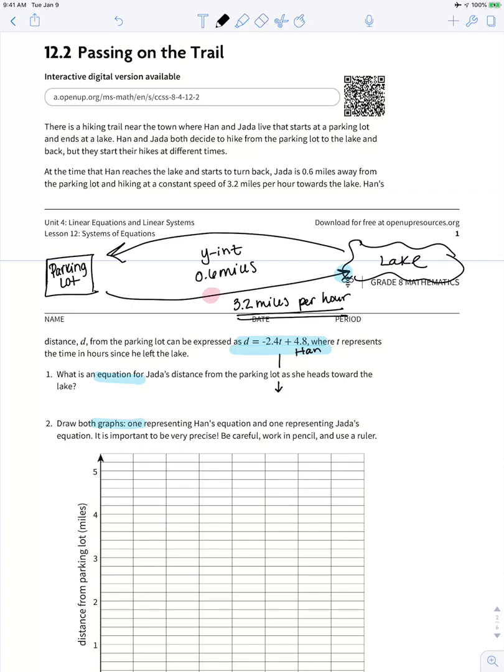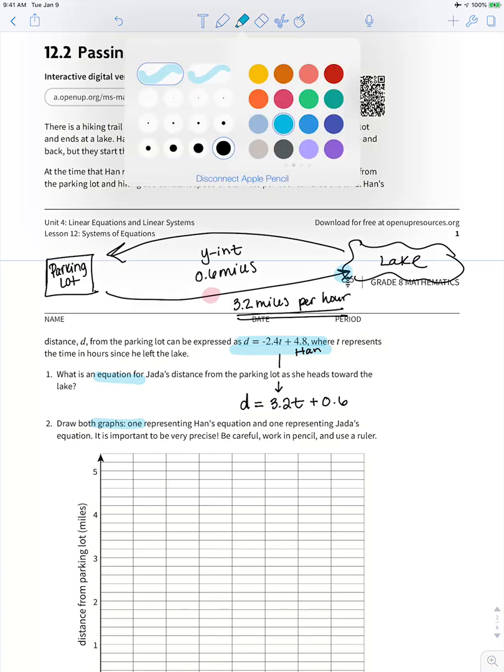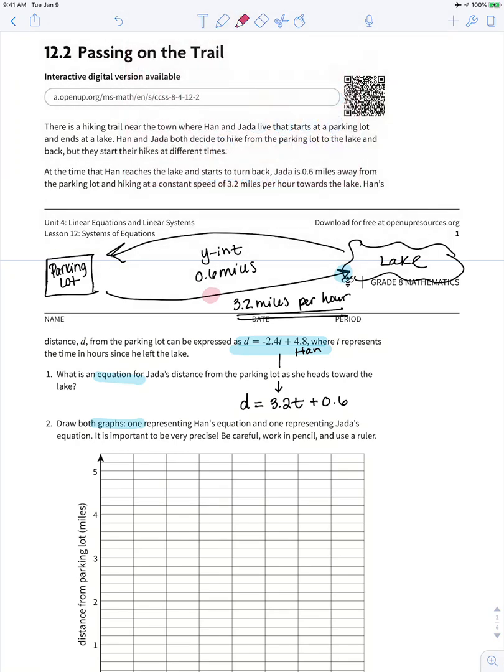I'm now making one for Jada. Jada is going to be d equals, let me start with the slope, 3.2t plus the starting point, which is 0.6. Okay, so those are the two equations that represent both of their situations. So here we have, that's Jada.